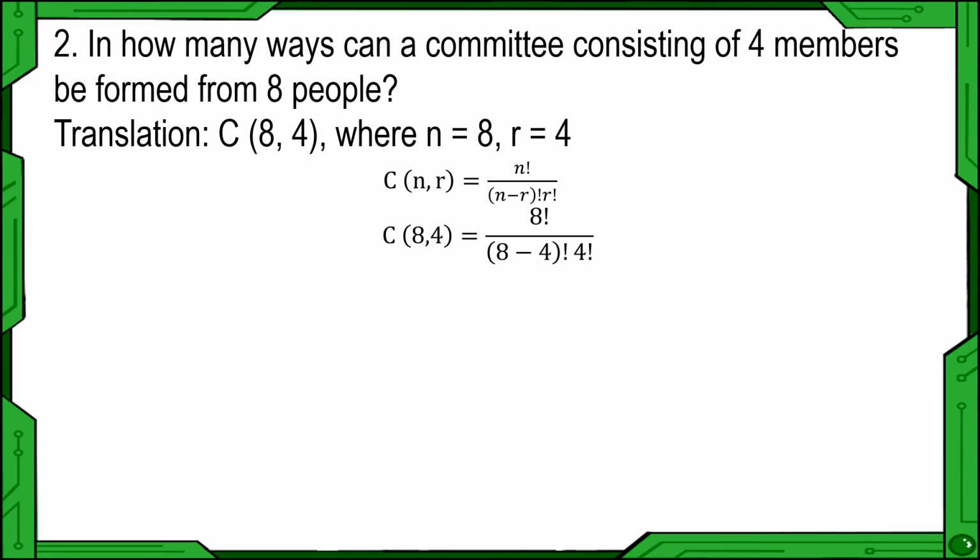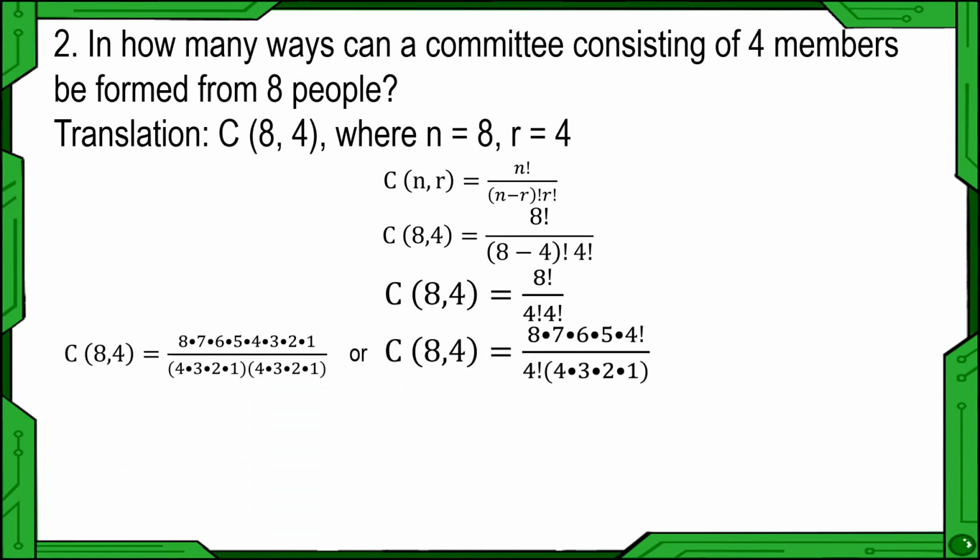By substitution, we can now have 8 factorial over 8 minus 4 factorial multiplied by 4 factorial. Again, first, simplify the denominator, so we can now have 8 factorial over 8 minus 4, which is equal to 4 factorial times 4 factorial.